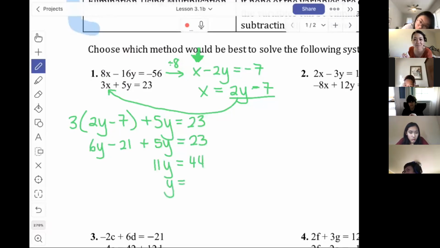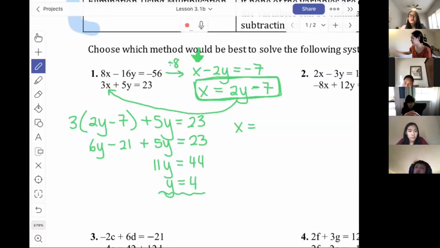So Alyssa, I'll just give you that final answer. All right, so final answer for y. Y is equal to what, Alyssa? 4. Good. We have already solved for y. All right, Gio, help him out. You plug in y to the equation x is equal to 2y minus 7.